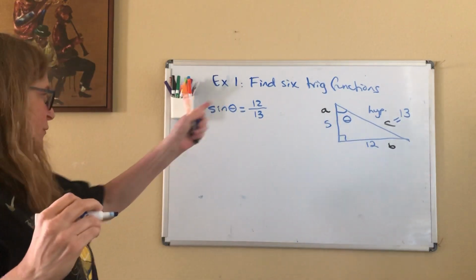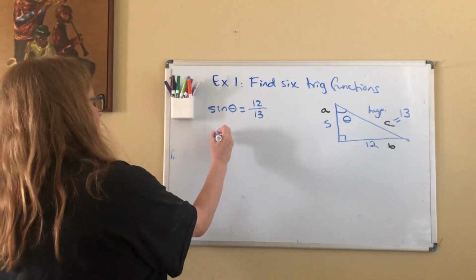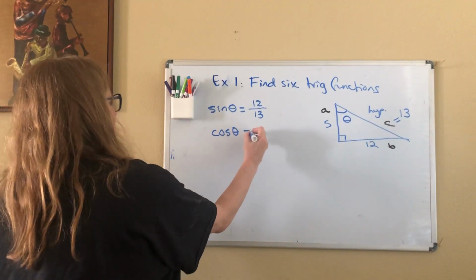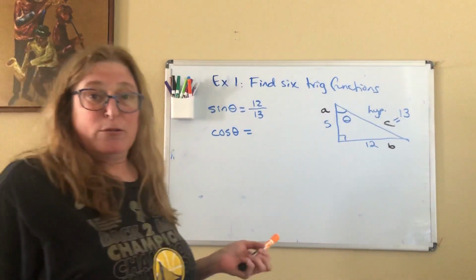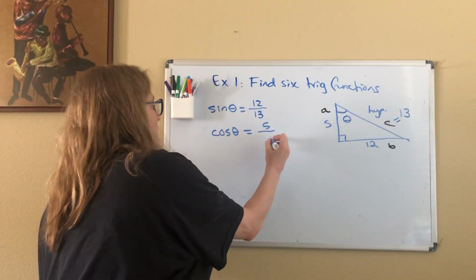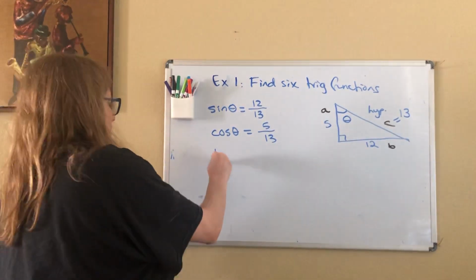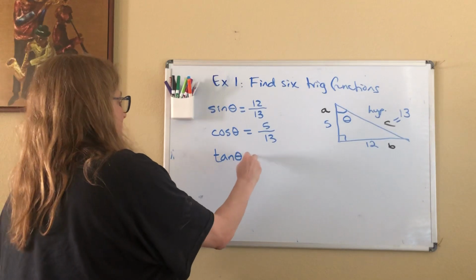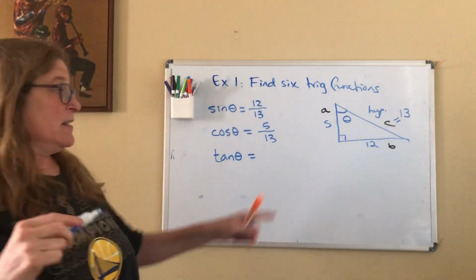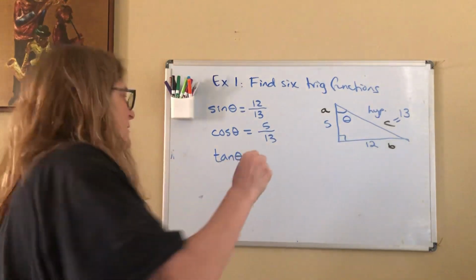Now I'm not going to have enough room to go across, so I'm just going to go up and down. The cosine of theta, our angle, is equal to the adjacent side, which is 5, over the hypotenuse, which is 13. The tangent of theta is equal to the opposite side of theta over the adjacent side.